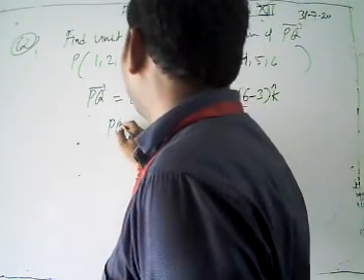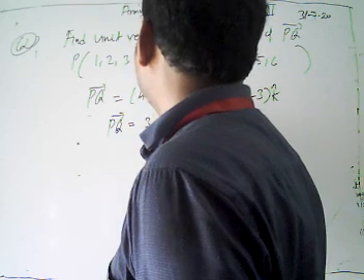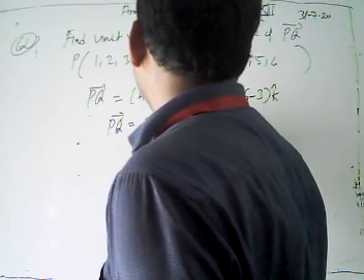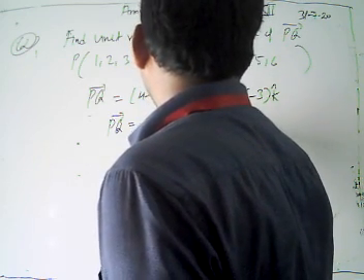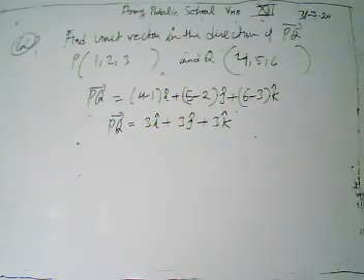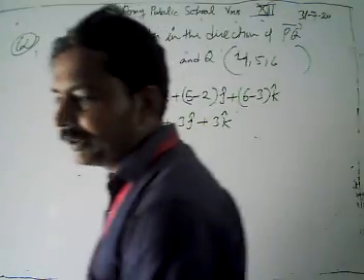So vector PQ is 3 I cap plus 3 j cap plus 3 k cap.